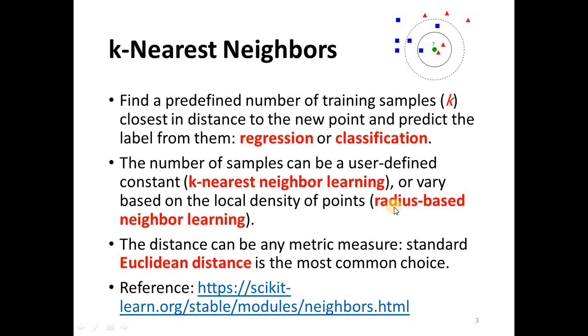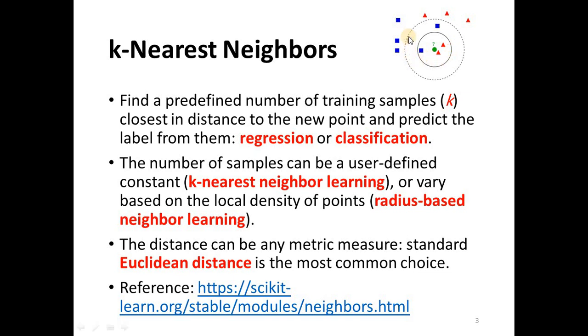We can specify radius-based neighbor learning, where we specify a radius like this one or a larger one like this one, and within this radius we find the known samples in this area, and we classify the unknown one based on the samples within this radius.